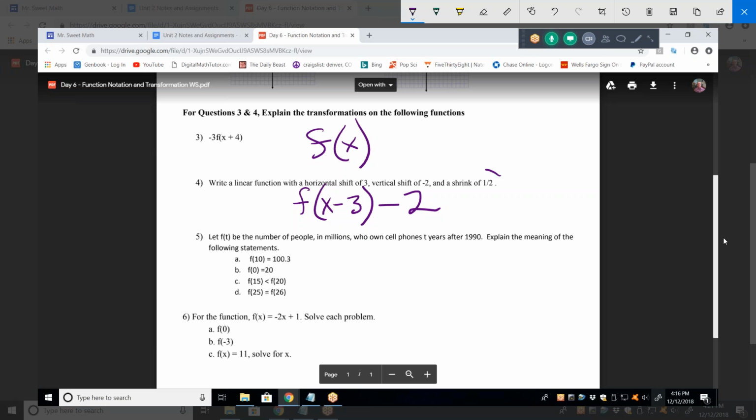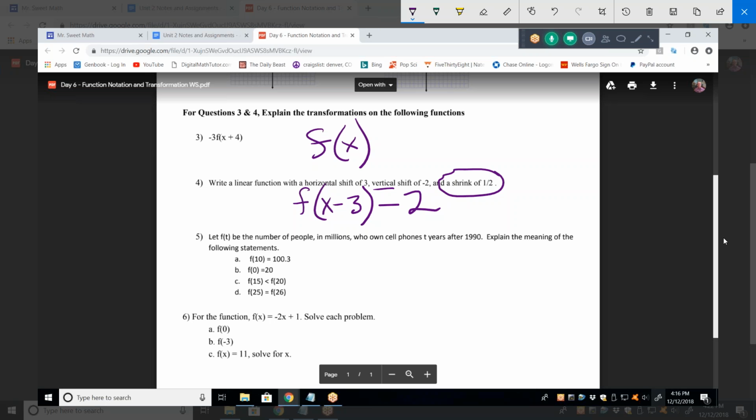And finally, a shrink of 1/2, and again, they don't say whether they mean vertical or horizontal. That's really a bad mistake, incidentally, because there's absolutely no clue, unless the word vertical applies to the next two things.